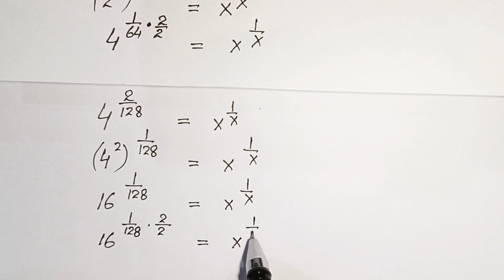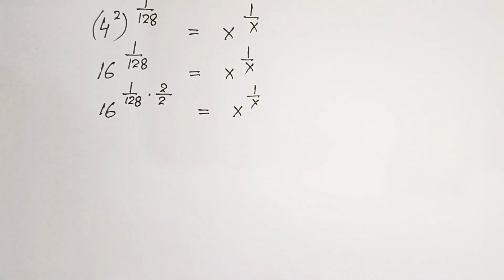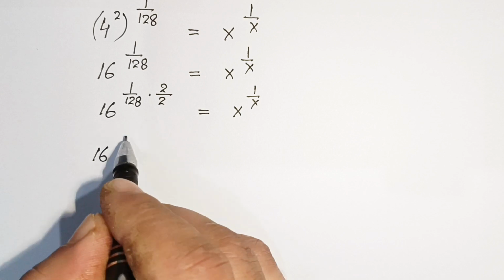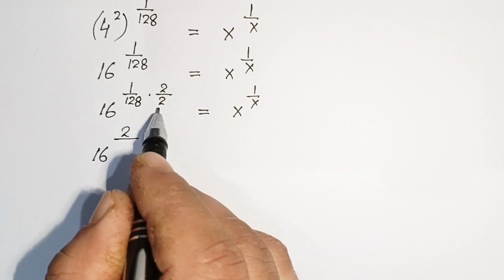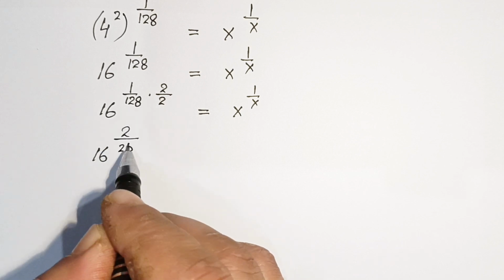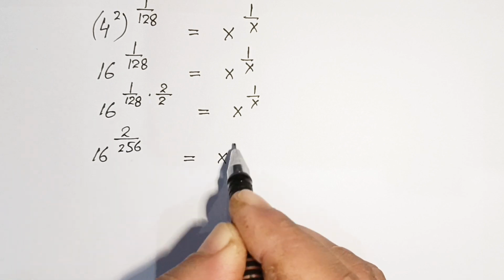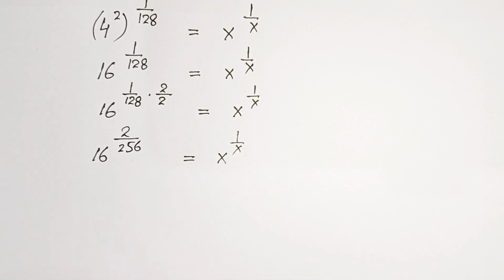Now 16 whole to the power, 2 times 1 is 2, and 128 times 2 is 256, is equal to x to the power 1 over x.